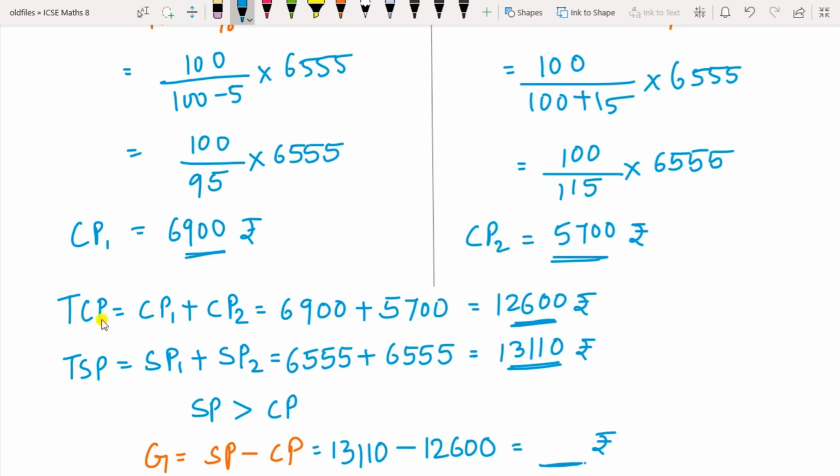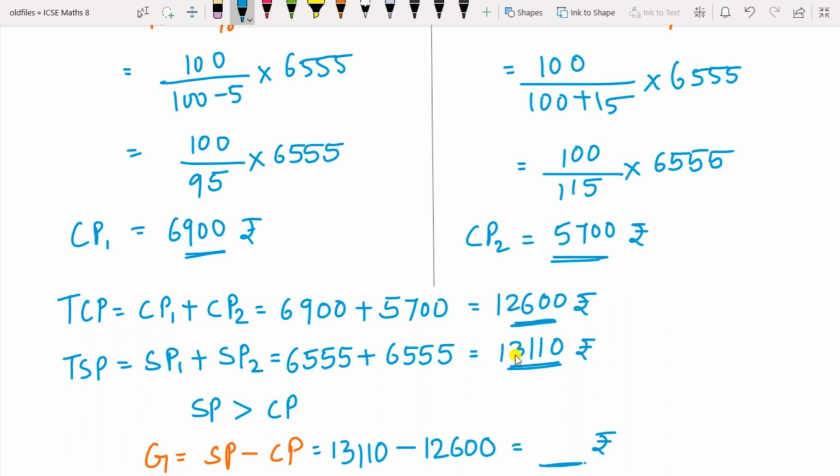Find the total cost price, CP1 plus CP2, it is 12,600, and the total selling price of the 2 cameras is 6,555 added twice, or multiplied by 2. So it will be 13,110 rupees.